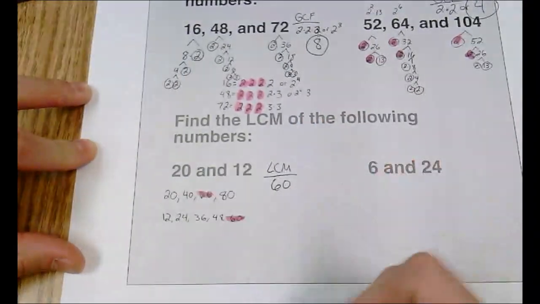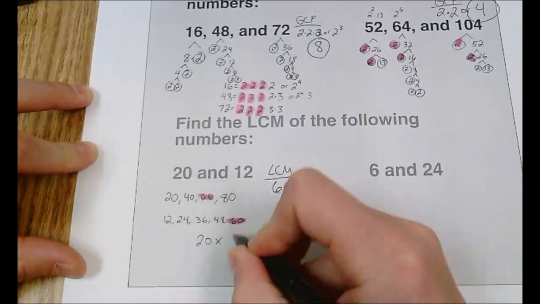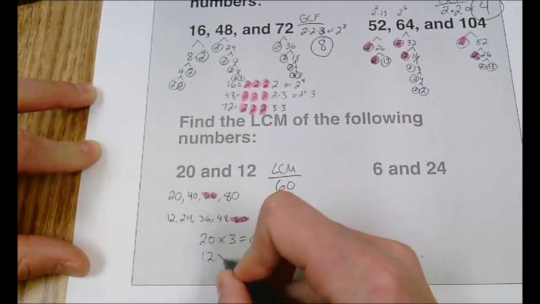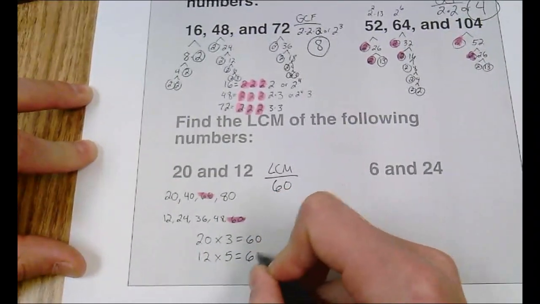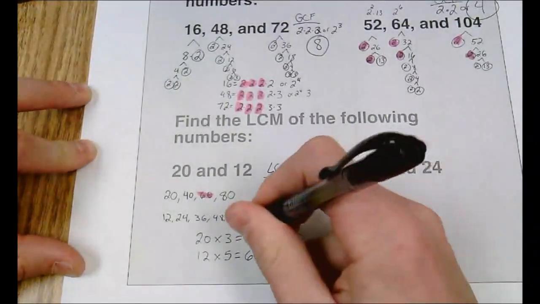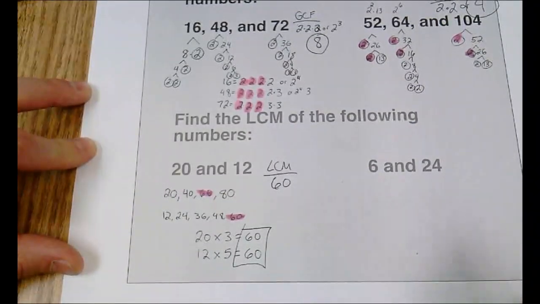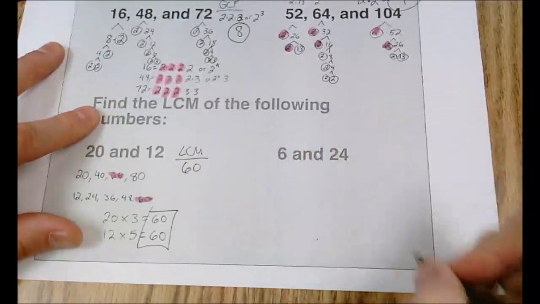And the way that I got this was really 20 times 3 is 60, and 12 times 5 is 60. And you're looking for that product that they both have. 6 and 24.